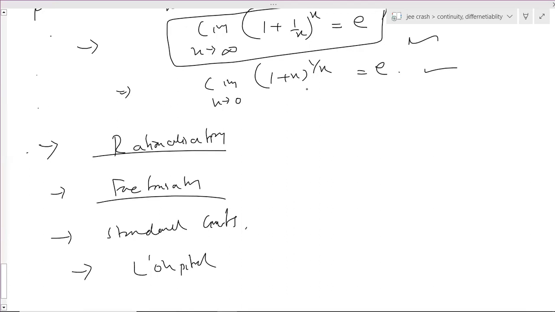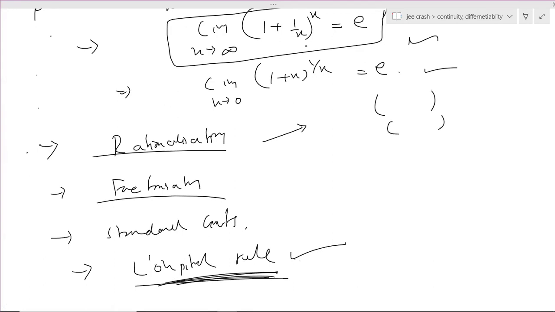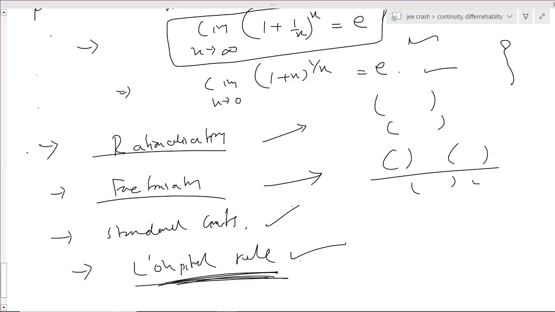In NCERT and in boards, you could not use L'Hopital rule, but in JEE mains you can use this as many times as you want. Rationalization, we all know what this means, right? Multiplying and dividing by some quantity. Factorization, we all know, just factorize these things and things will be cancelled out. Standard limits, these are all the standard limit formulas.